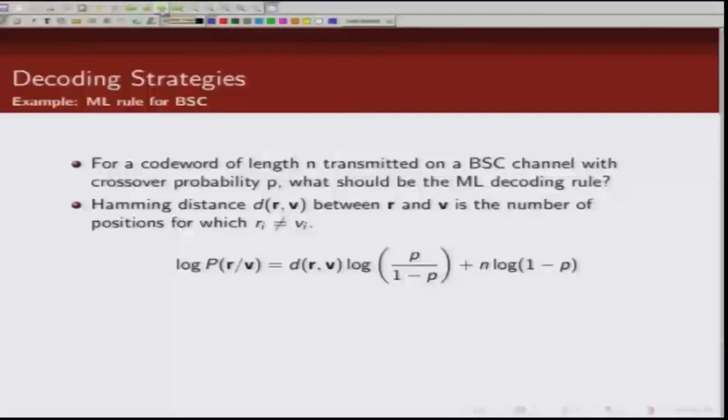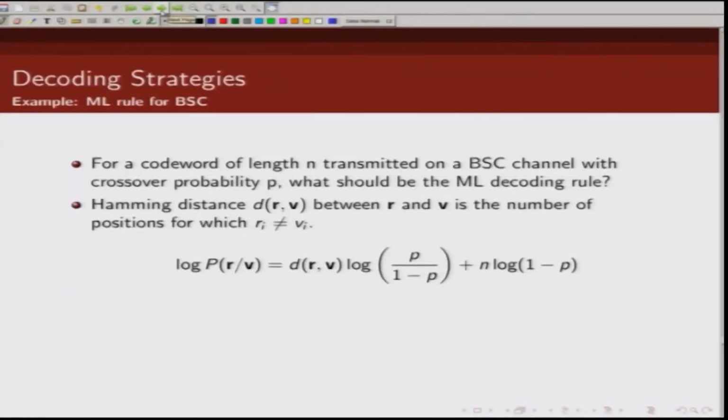As we just saw in the previous slide, for a maximum likelihood decoder we have to maximize the probability of r given v, which is equivalent to maximizing log of the probability of r given v. So, let us compute the log of the probability of r given v.